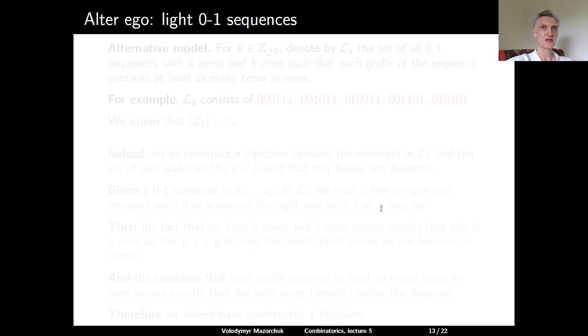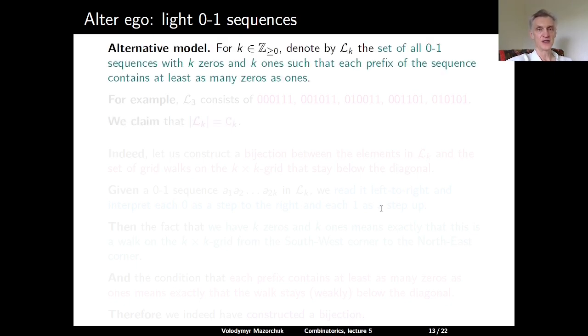Let's describe various other combinatorial problems where the answer is given by Catalan numbers. The first one is the enumeration of light 0-1 sequences. For a non-negative integer k, let us denote by L_k the set of all 0-1 sequences with k 0s and k 1s which satisfy the following condition: each prefix of the sequence, and prefixes always start on the left, contains at least as many zeros as ones.